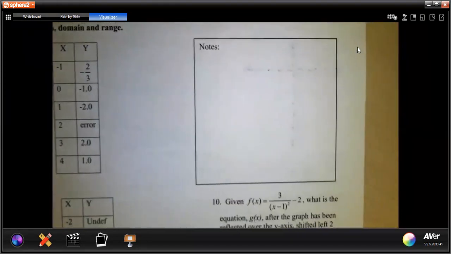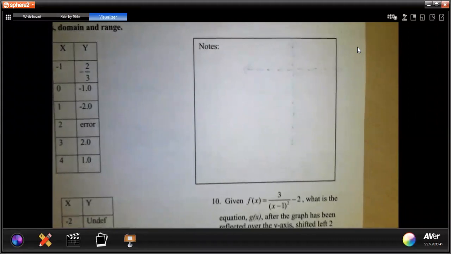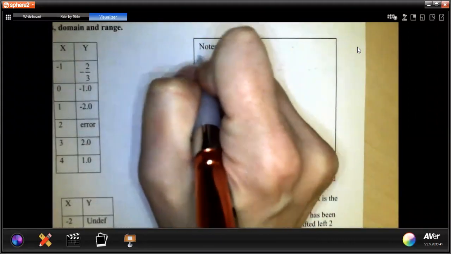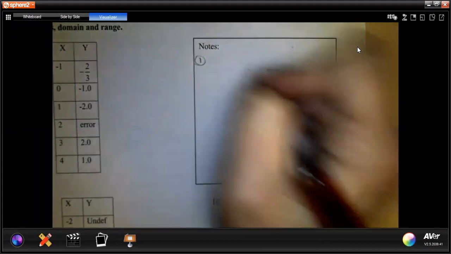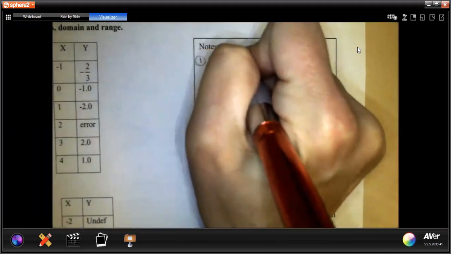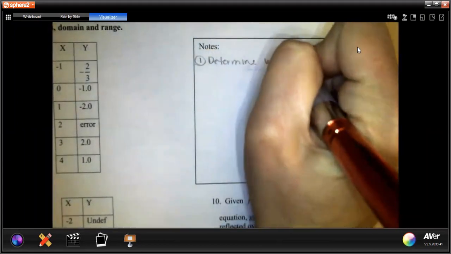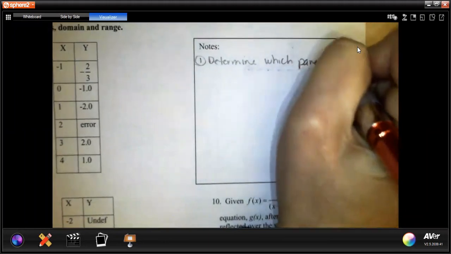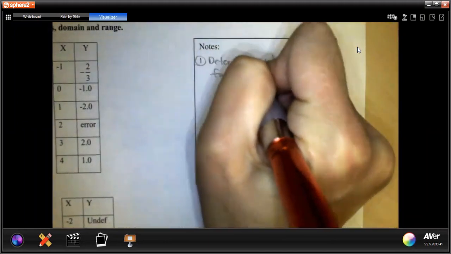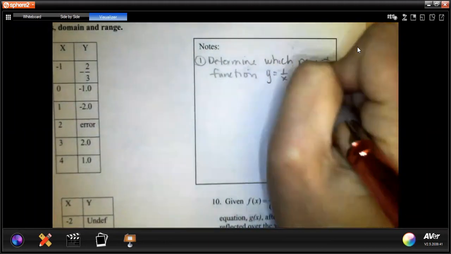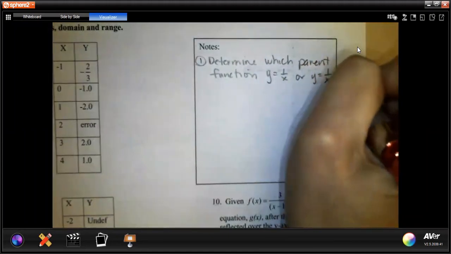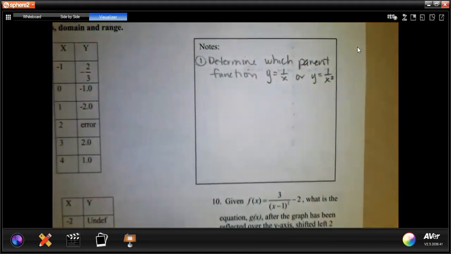I want to show you how to work backwards and write those equations from the graphs. For the first step to do that, you're going to determine which parent function. So looking at that graph, decide, is it y equals 1 over x, or is it y equals 1 over x squared?